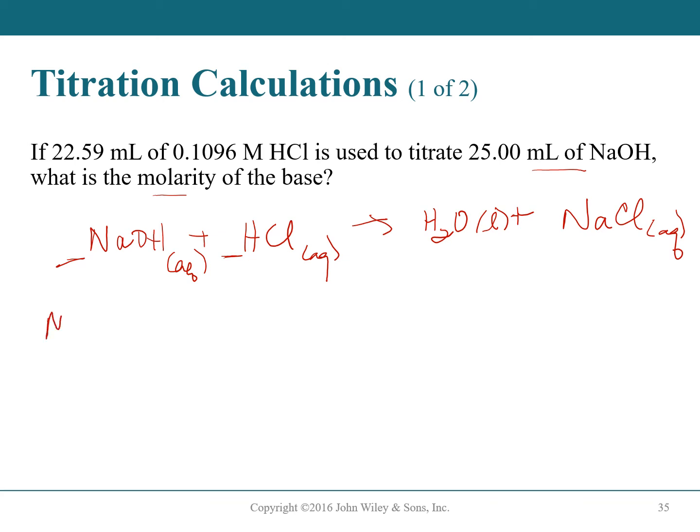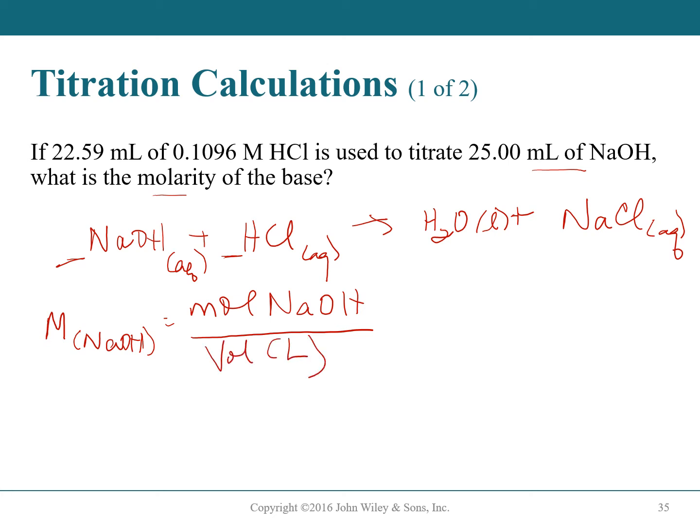We need the concentration of sodium hydroxide, and that's going to be equal to the moles of sodium hydroxide divided by the volume in liters. Okay? Well, we have the volume. We can convert that. It's right here. But I don't have the moles of sodium hydroxide. How can I get that? Because I know this part, the equation.